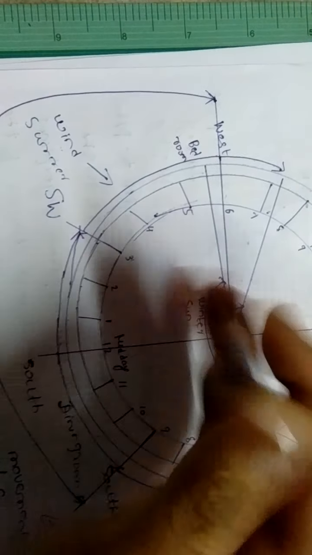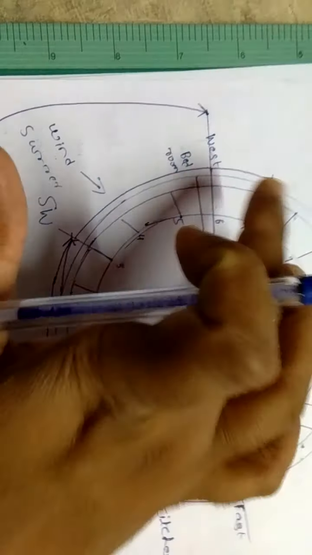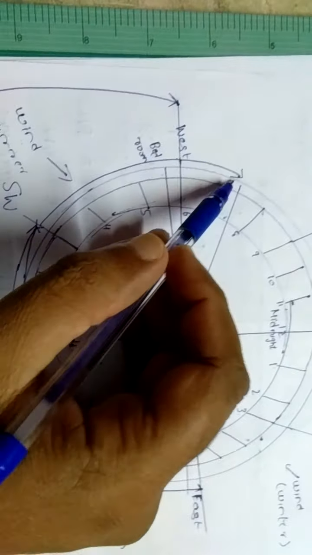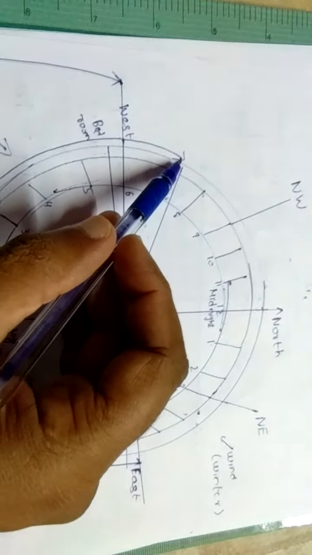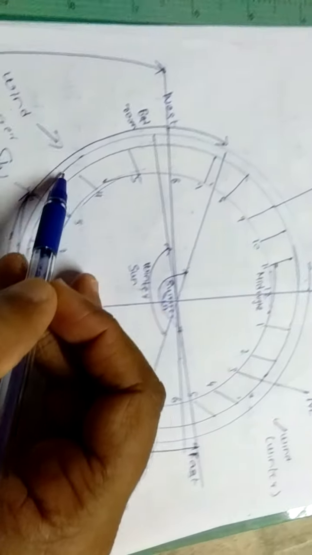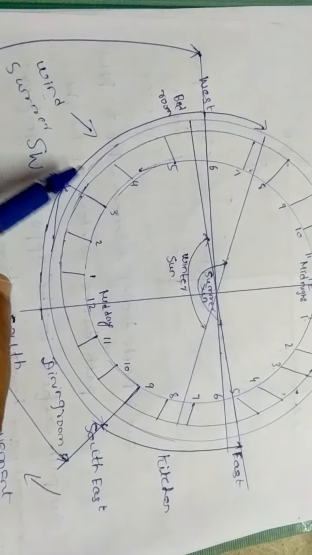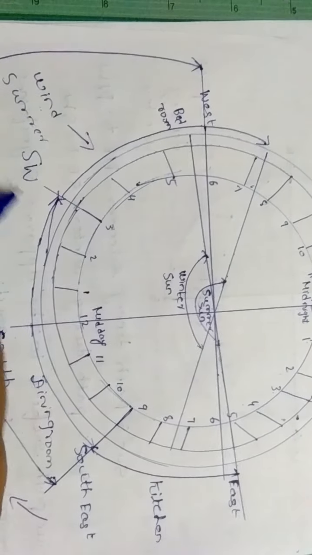This complete part is the southwest region, and this complete part is the northwest region. So the arrow mark is indicating that the bedroom can be located from the northwest direction till the southwest direction. Preferably the southwest direction should be taken as the ideal direction for location of the bedroom.